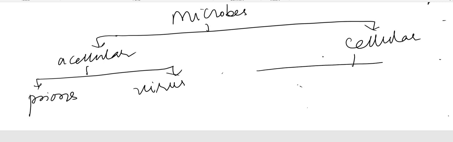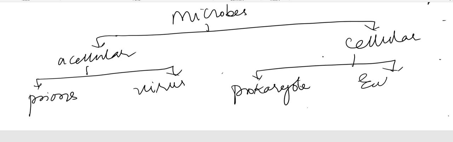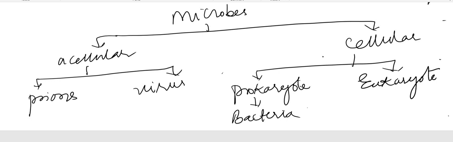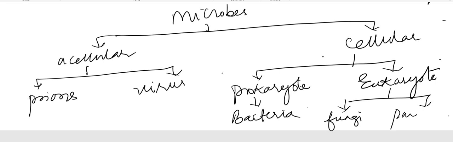Here in cellular, again two: number one was prokaryote and number two was eukaryote. In prokaryote, we have only one group here, that is the bacteria. And in eukaryote we had two, that is the fungi and the parasites. So that's all for today's lecture, guys.